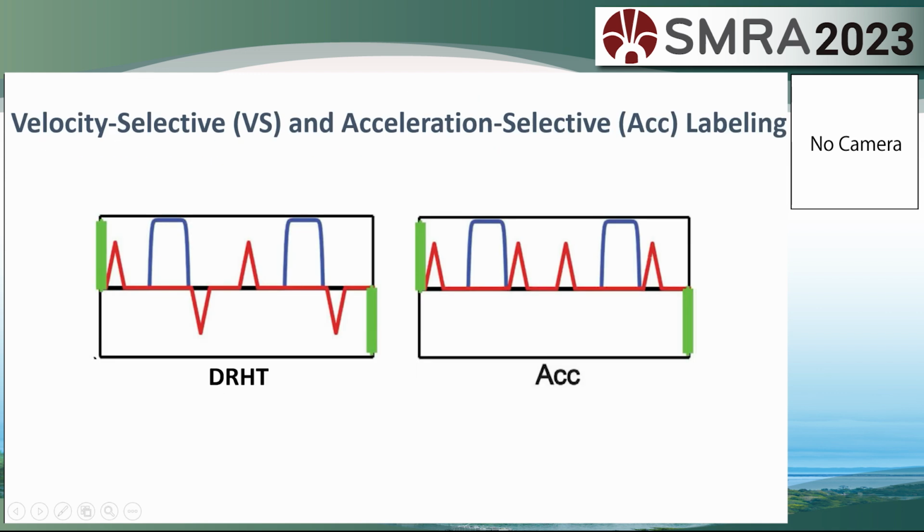The conventional VS labeling like DRHT has a zero zeroth gradient moment and a non-zero first gradient moment to be velocity sensitive. In contrast, the acceleration-selective labeling has a zero first gradient moment but a non-zero second moment, resulting in dephasing of spins based on acceleration or deceleration.